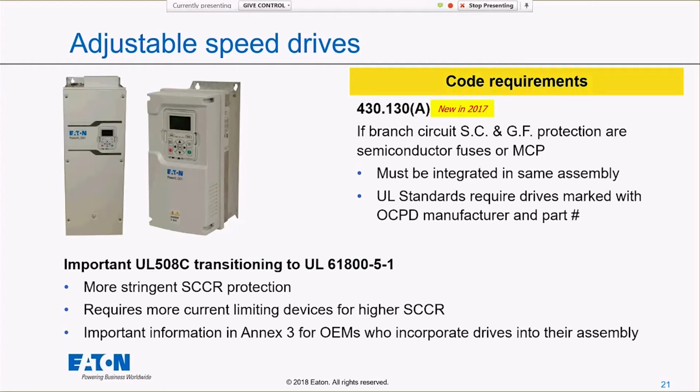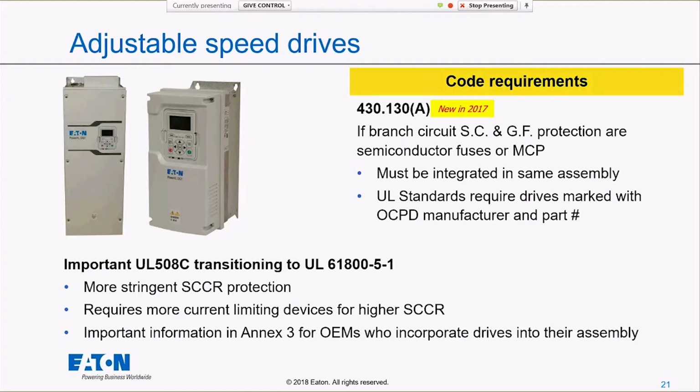So I always highlight this. You might say, I've been using this drive for 10 years and I know I'm supposed to use this breaker in front of it. Just know that even older drives are transitioning to this new standard, and as a result, the device specified in front of it might change. It might not change, but it might.